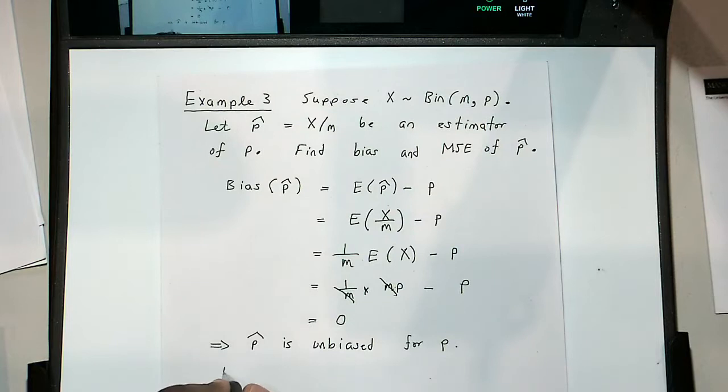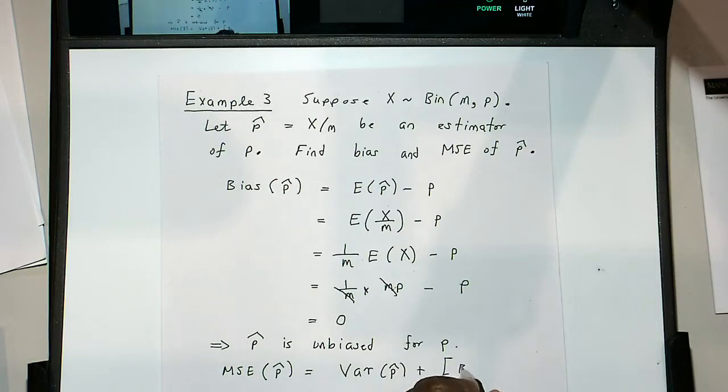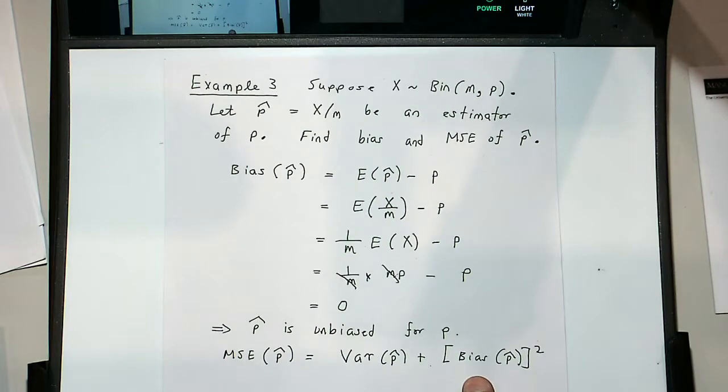Now, in order to find the MSE, I'm going to use once again the property 1, which I mentioned to you. It's this one here, number 1, right? So it's going to be the variance of p hat plus the square of the bias of p hat. Okay. Now we know that the bias is 0, right?